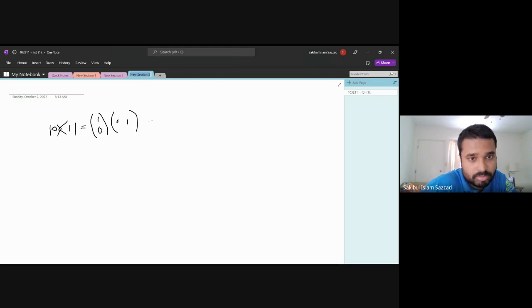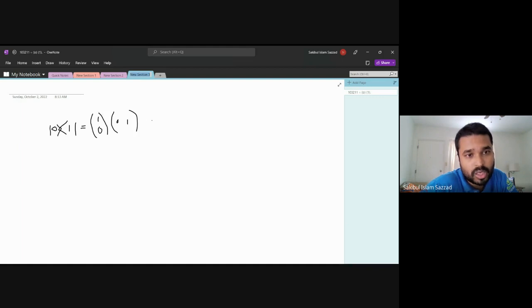I will write it down. In this case, you cannot do normal matrix multiplication because there is a condition. The condition for matrix multiplication is that the column number and row number should be the same, but that is not the case here.